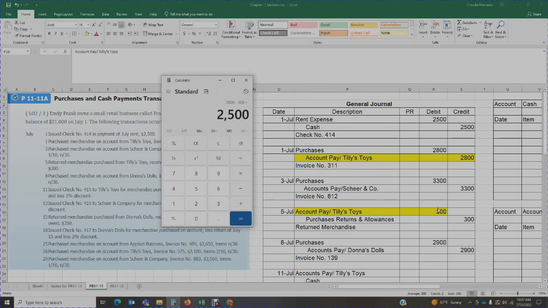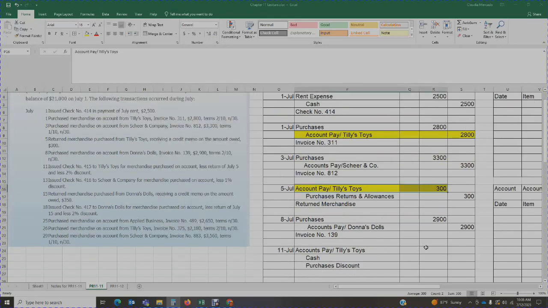So that means that we owe $2,500 to Tilly's Toys. That is how much we have to clear off of the accounts payable. That is the balance that we have on accounts payable right now. A credit of $2,800, a debit of $300. Currently, we have a credit balance of $2,500. So if I want to clear out that $2,500 credit balance, then I need to debit $2,500 to Tilly's Toys.